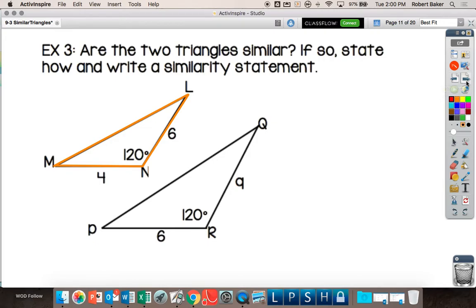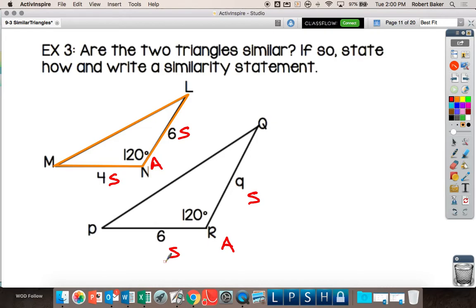Side angle side, because I have a side, an angle, and a side. This one has a side, an angle, and a side. So if I can prove that those two sides are proportional to each other, then I can use the side angle side similarity shortcut. So step number 1, is the angle between the sides?